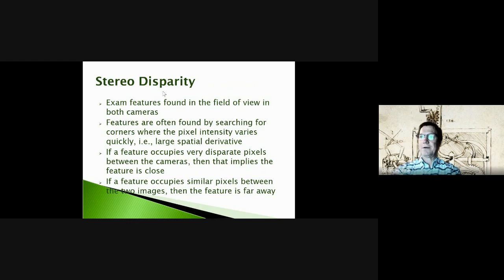Well, they're often found by searching for corners or lines or circles, but typically corners where the pixel intensity varies quickly, right? So we can do essentially a spatial derivative across the scene, and where we see things change a lot, that kind of implies a high contrast, right? And so that might be something interesting. That might be a feature, right?